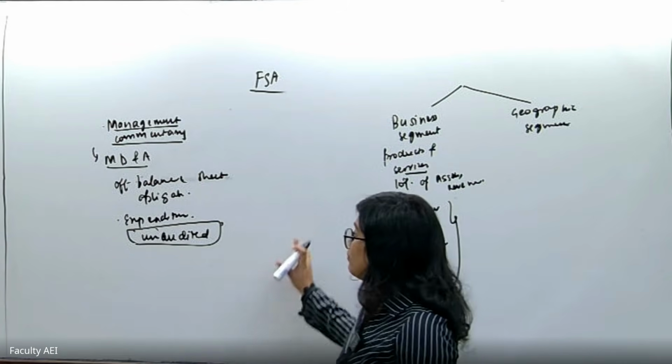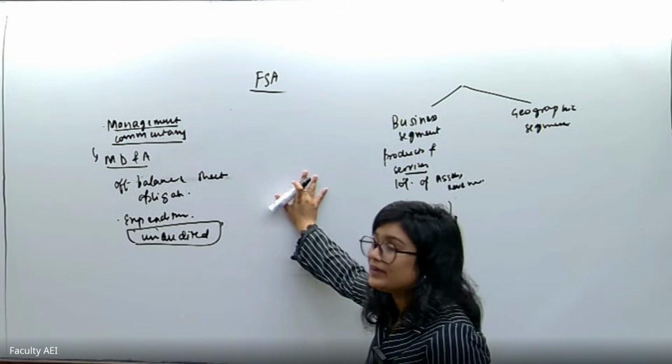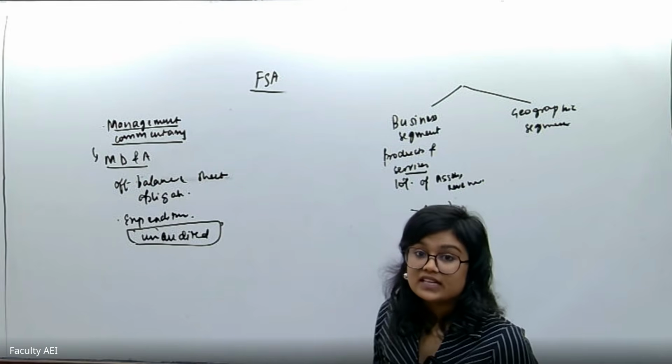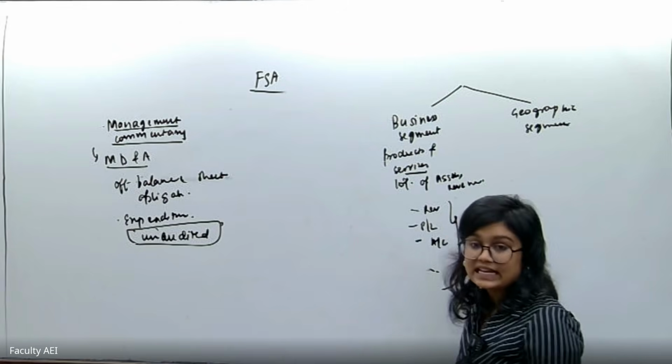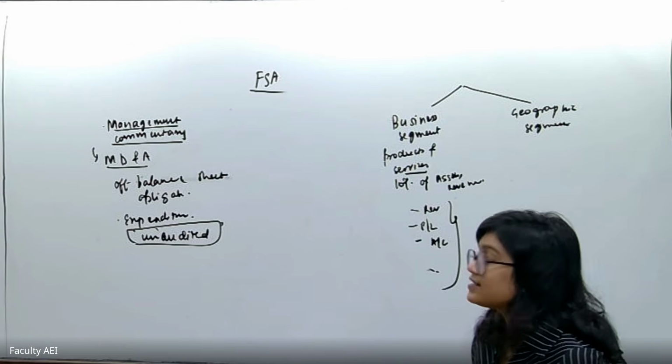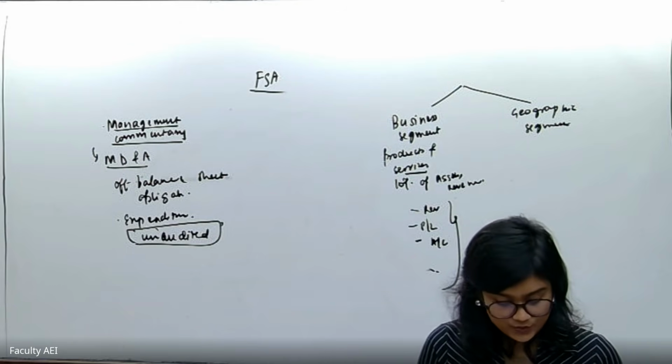But what's the difference between all those things and here? Some parts of the management commentary are unaudited. If you're analyzing something, you should be aware that it's not necessary that the auditor has gone through everything present in the management commentary.